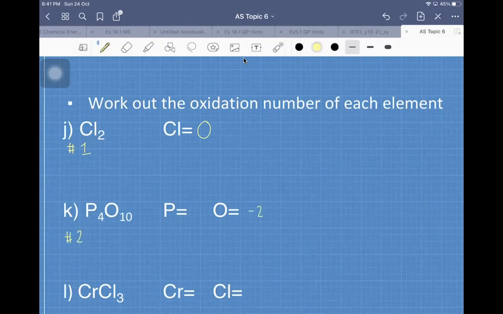So oxygen will be -2. To work out phosphorus, 4 units of P plus 10 units of oxygen is equal to 0. So phosphorus should work out as +5. 20 divided by 4, yes, +5.